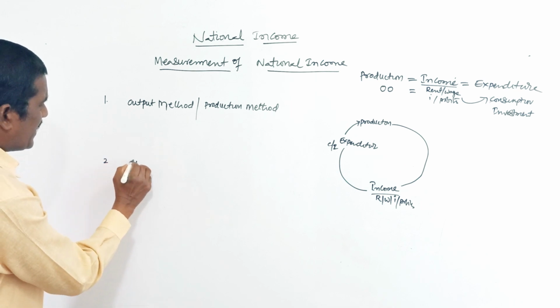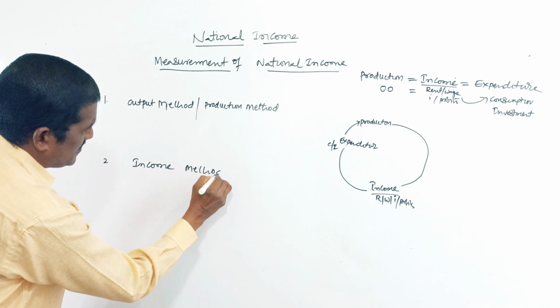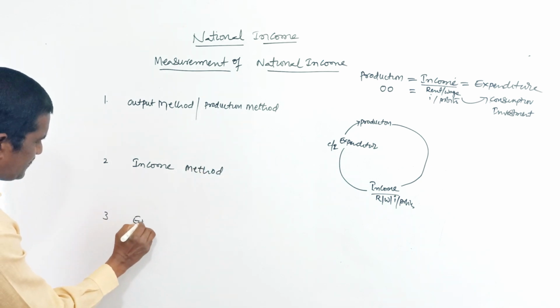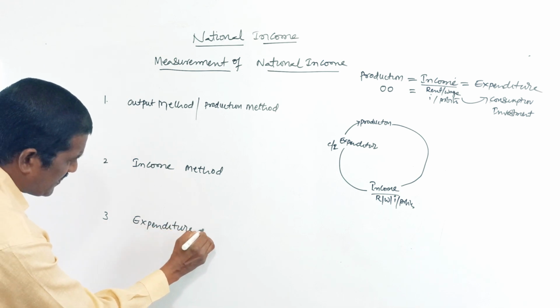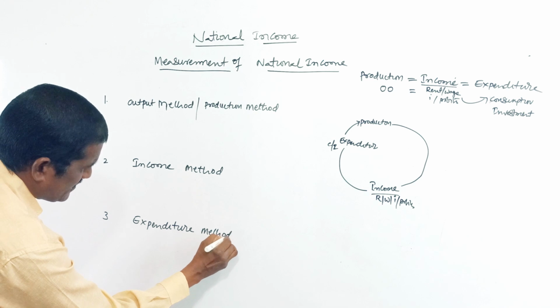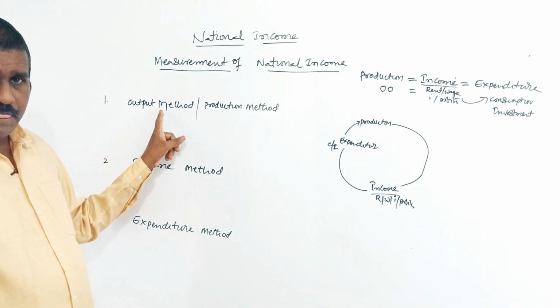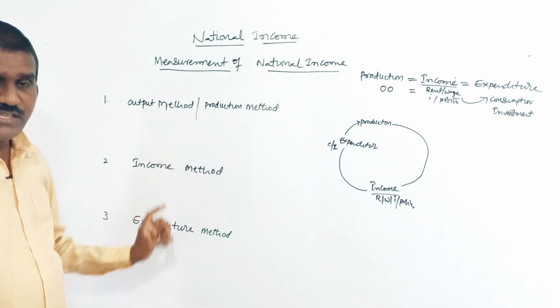Second, the income method. Third, the expenditure method. Okay, output method or production method, income method, and expenditure method.